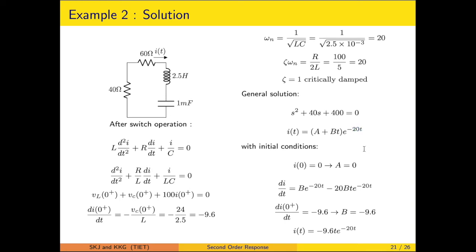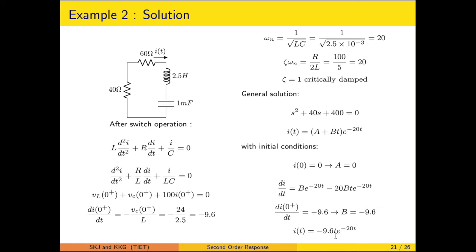Now the initial condition at time t equals 0, the current value is 0, so that gives A equals 0. When you take the derivative di/dt, it gives the nomenclature likewise. This is already calculated as minus 9.6, so that gives B equals minus 9.6.